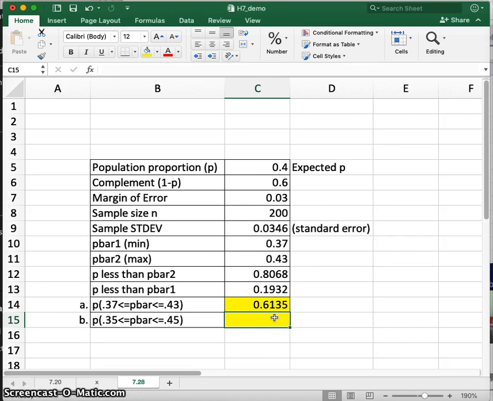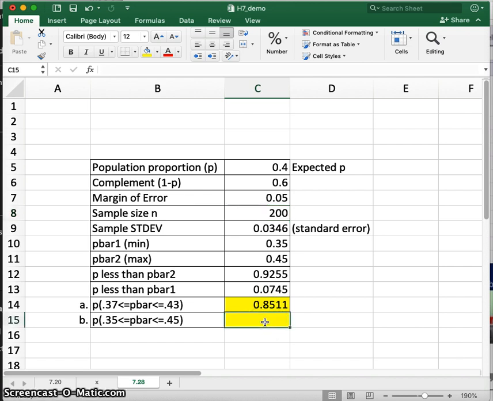Then part B says, what if the margin of error is 0.05? I'll just change this to 0.05 and everything else will recalculate, which is the glory of Excel. Now the probability goes up to 85%.